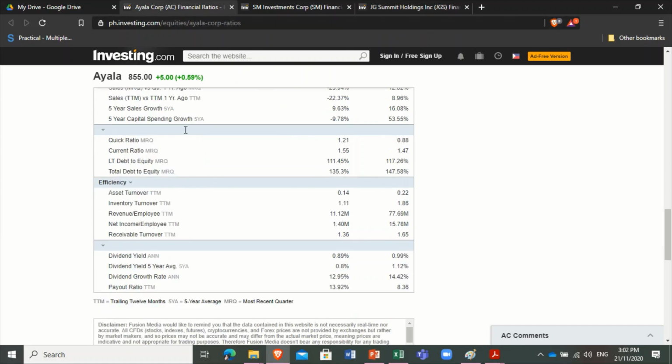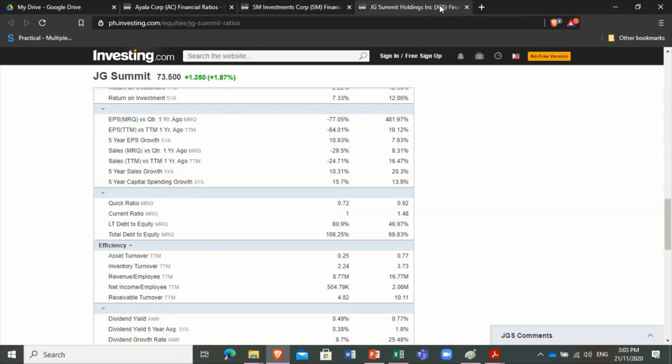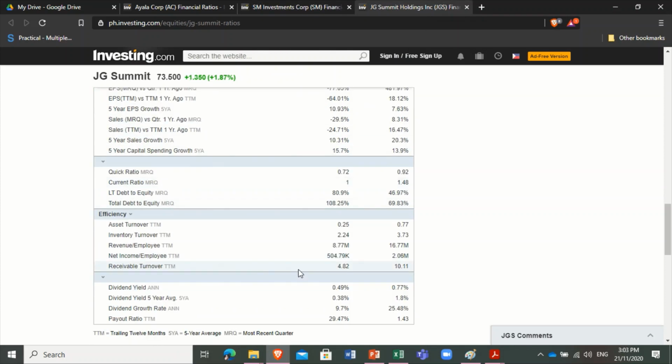So in that case, medyo kulelat si Ayala. So mabagal sa pag-convert ng inventory. How about receivable turnover? Ito yung mga pautang. So 1.36 si Ayala. Ito, mas mabilis ang turnover ni SM and mas mabilis din si JG Summit.